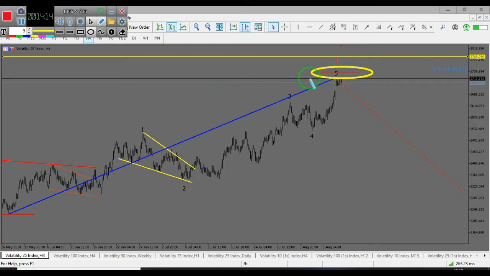It's inside wave 1, and as you know, according to Elliott wave rule, wave 4 should not overlap or breach the territory of wave 1. So if it cuts me out, I'll definitely know that wave 4 breached into wave 1 territory.